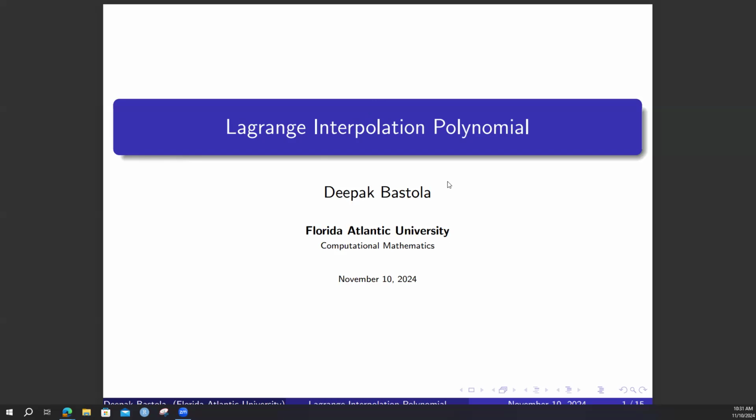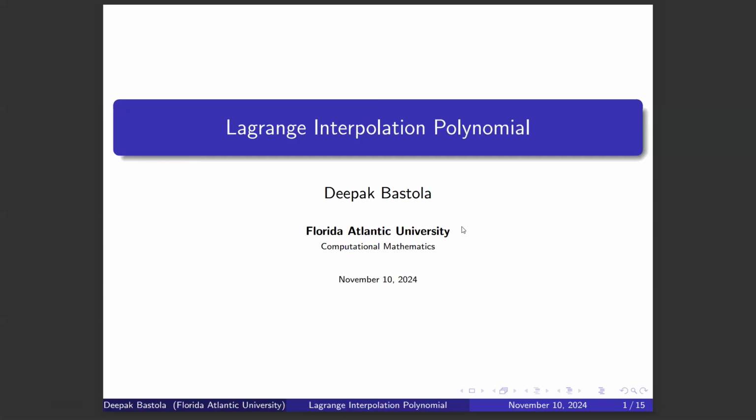Today I'm going to talk about the Lagrange interpolation polynomial. Pitama already told a little bit about this. It is very crucial and important in the emerging field of data science, machine learning and artificial intelligence. Traditionally, it has also been applied in the computational mathematical field, and it has tremendous applications that are growing.